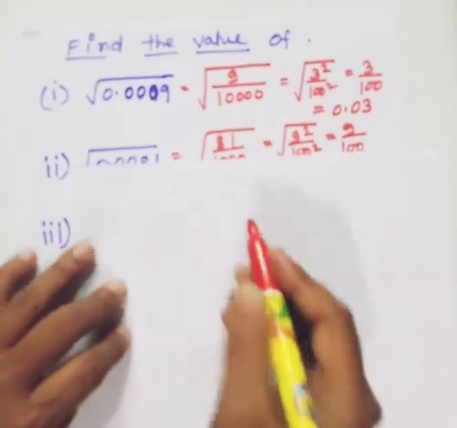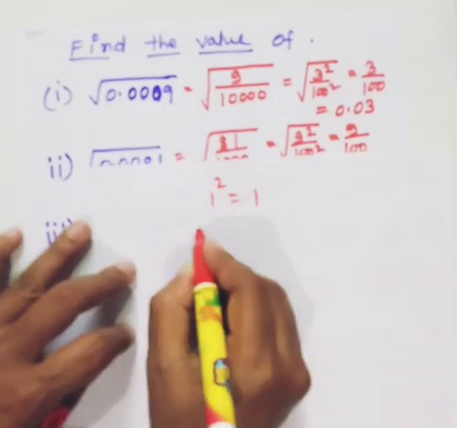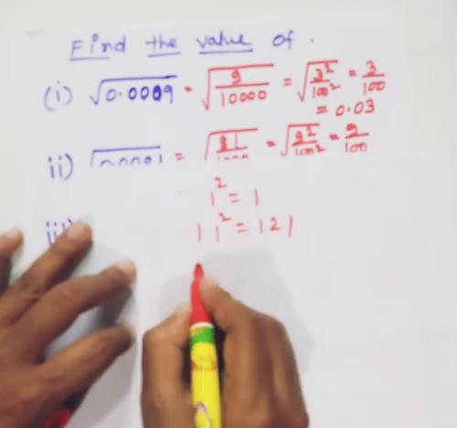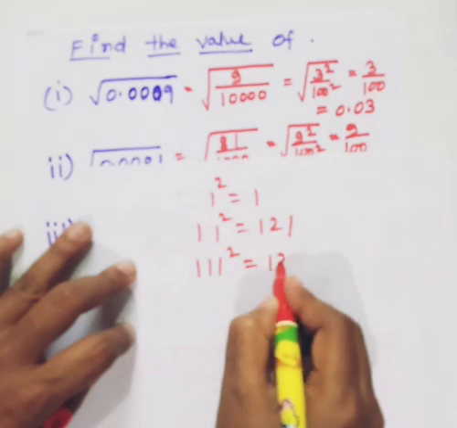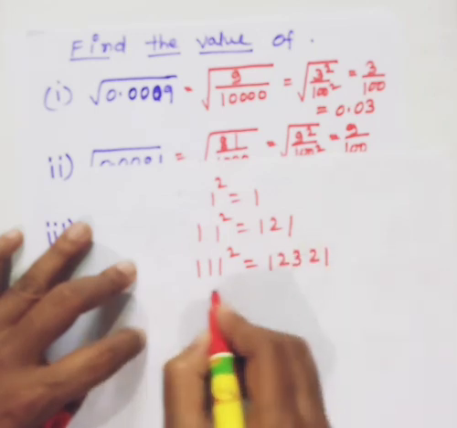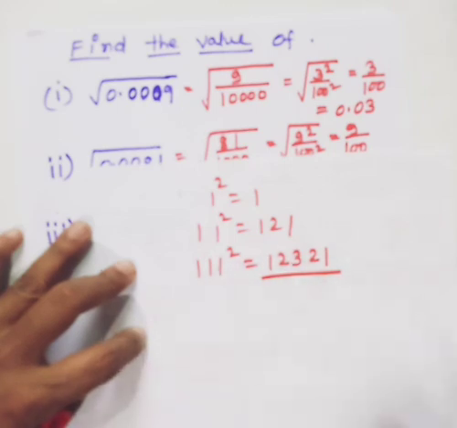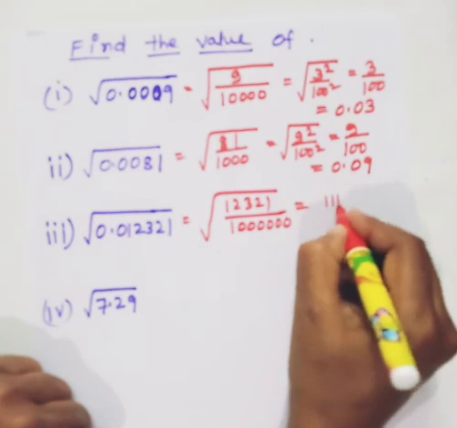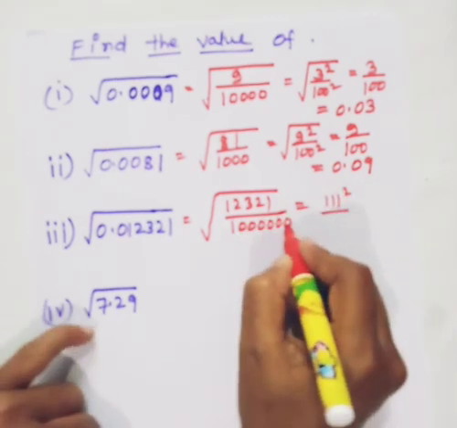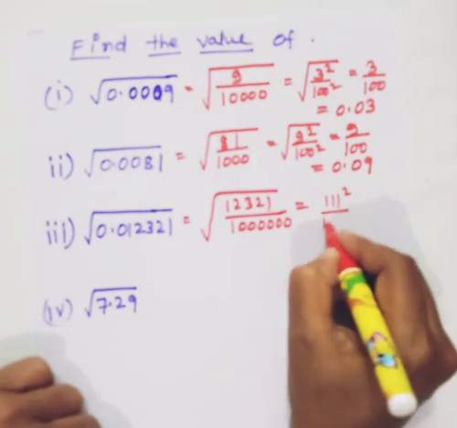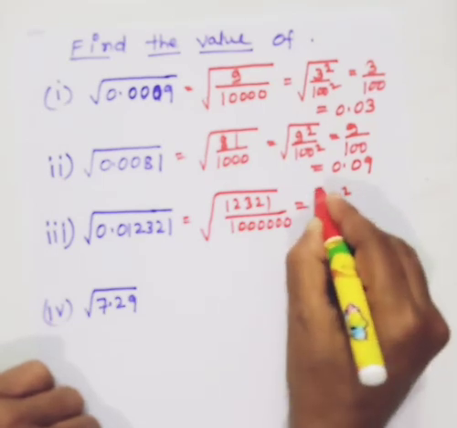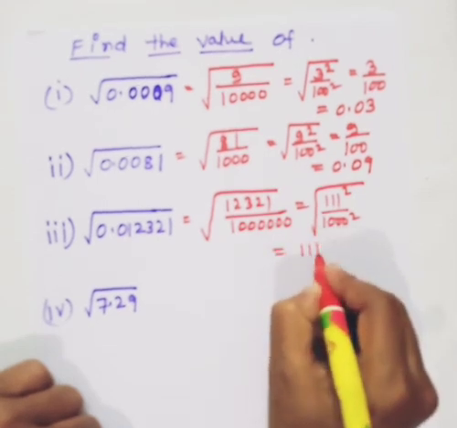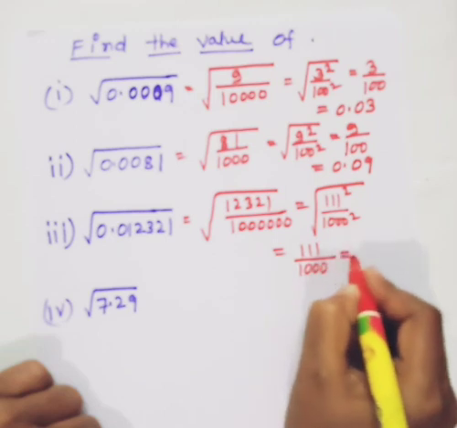See, we have done this trick. 1 square is 1, 11 square is equal to 121, 111 square is equal to 12321. Do you remember this? So 12321 is the square of 111. So you can write 111 square by 1000 square. Square root of 111 square by 1000 square. So this will be equal to 111 by 1000.